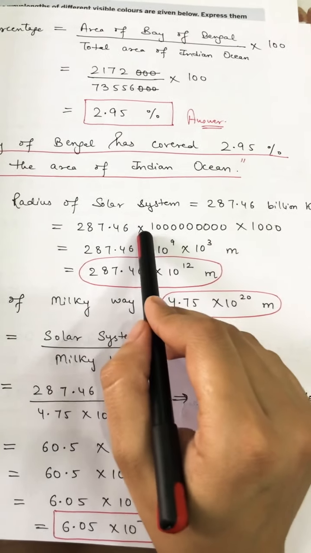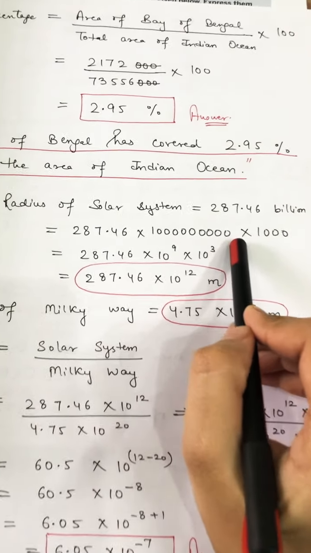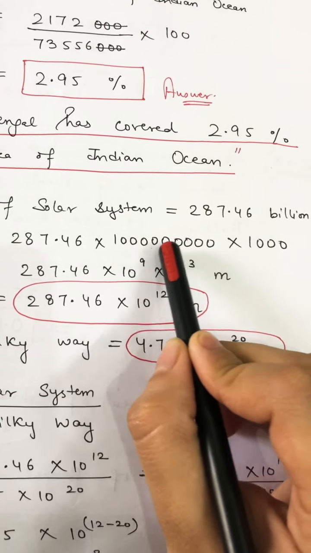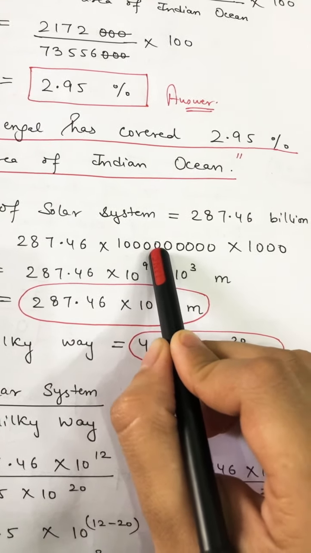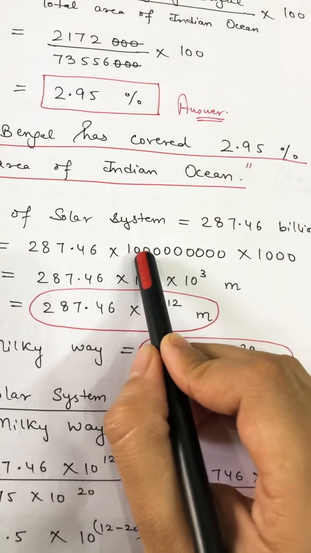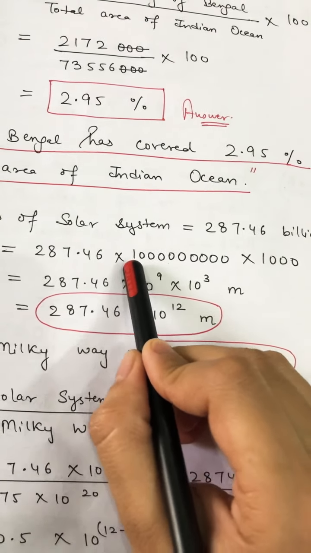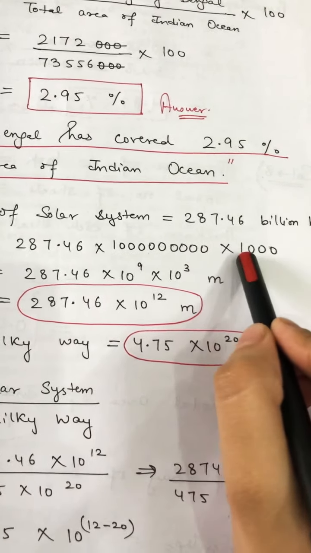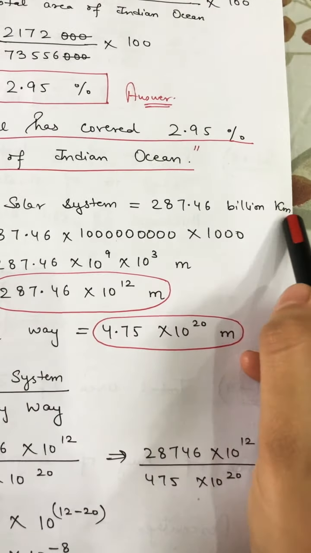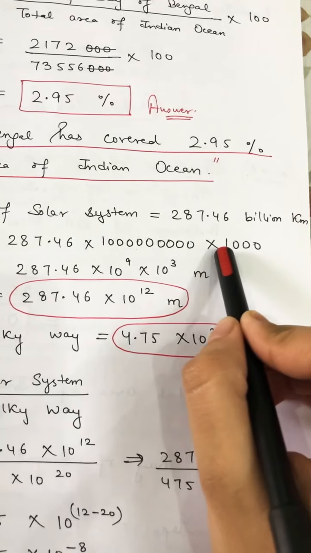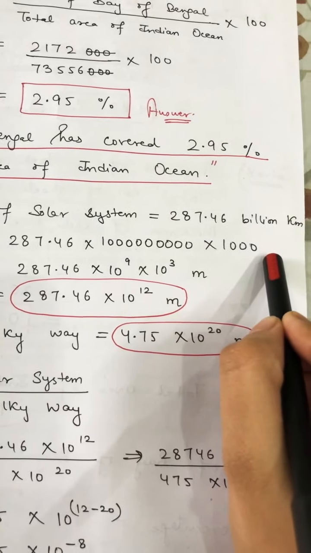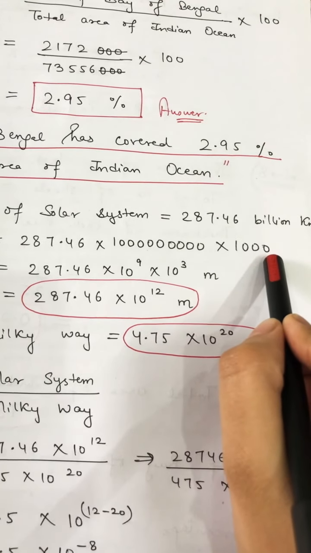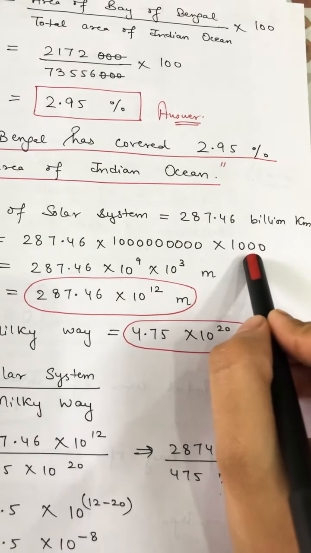Billion means this many zeros will come: ones, tens, 100, 1000, 10,000, 100,000, million, 10 million, 100 million, billion. Multiply by kilometer. Kilometer means 1000 will come.